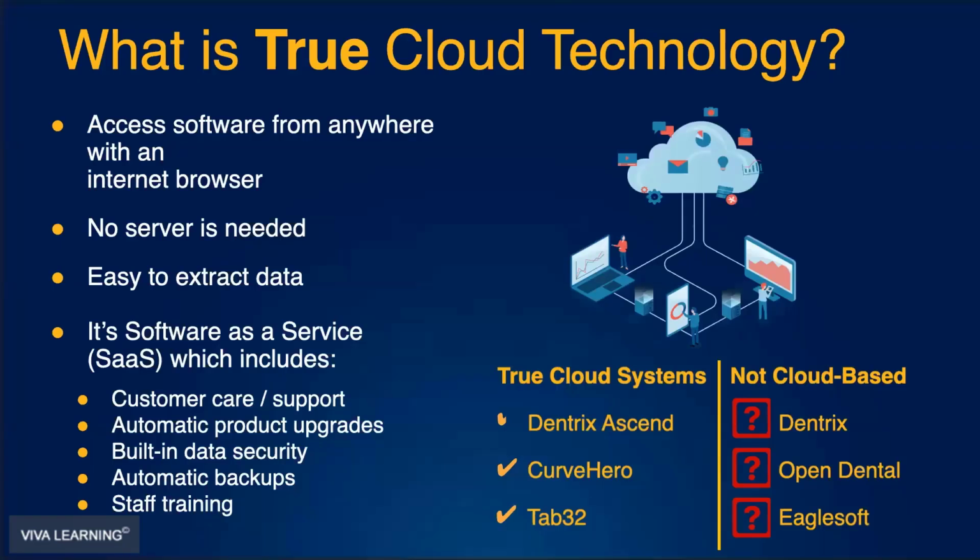And now a lot of people are moving to the cloud. So real quickly, what is the cloud, and what are the qualities of the cloud? The qualities of a true cloud system.